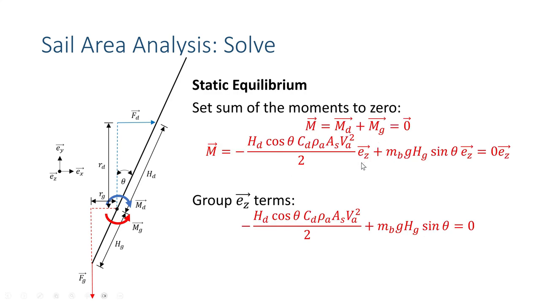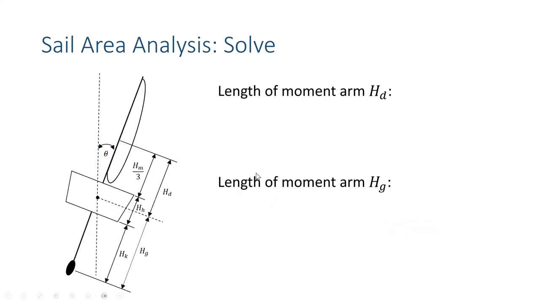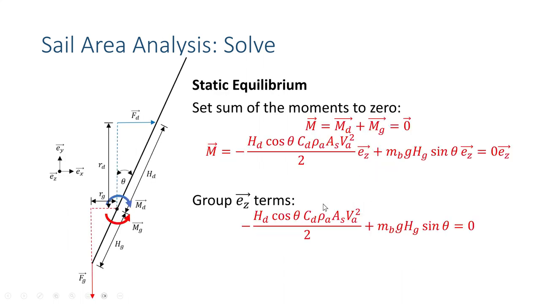We're going to plug those in, and we're going to be able to group the terms. So if we group the terms together of what's going in the positive and negative z direction and group what terms are together, then we will end up with this expression.